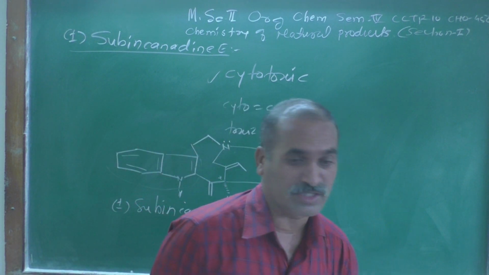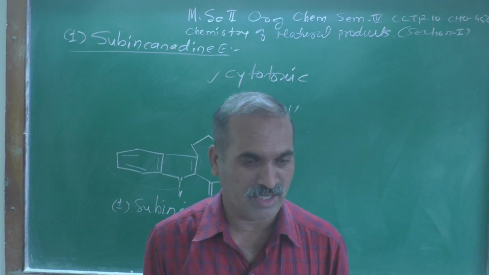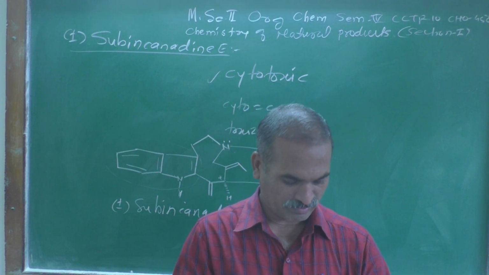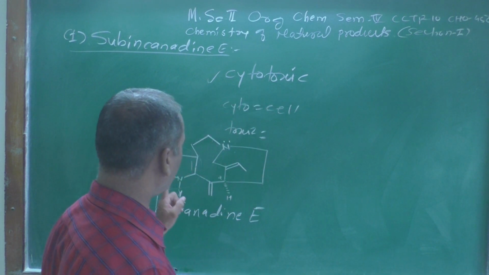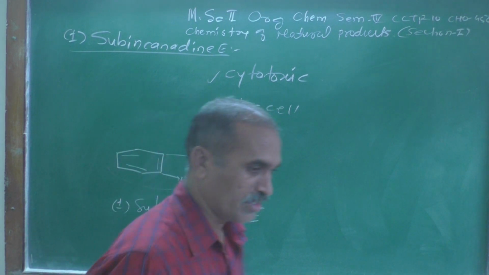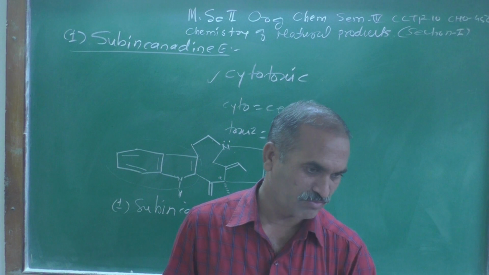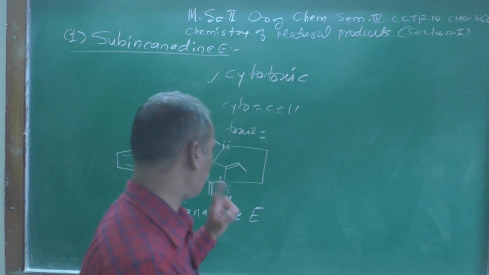And therefore this compound, what do you think, whether it is optically active or optically inactive? It is optically active in nature, because only one chiral center is there, and therefore it is very easy to find out its optical activity.